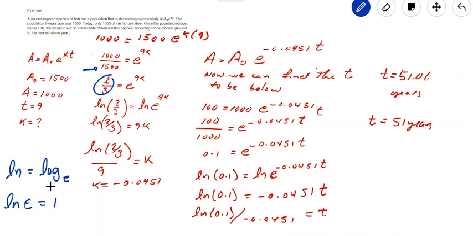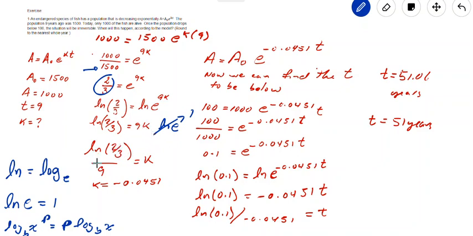But I also know the power rule of logarithms: if I have the logarithm in base b of x to the p, this is p times the logarithm in base b of x. So I can bring this 9k to the front, and since the natural logarithm of e is 1, what I get is just 9k. So I have the natural logarithm of 2/3 equals 9k.